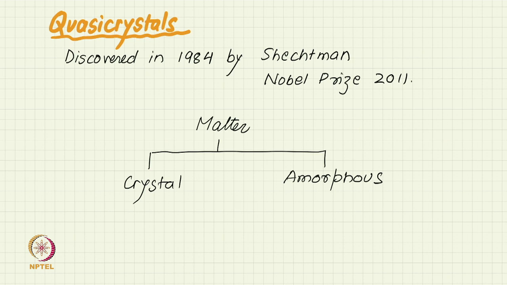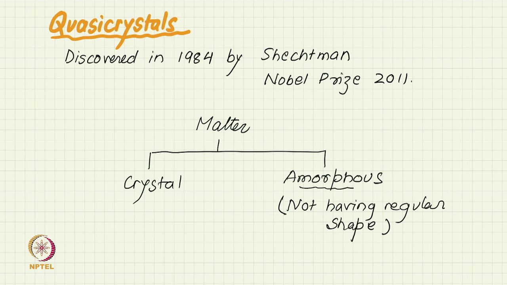Morphing, as you know, means changing shape. Morph means shape, amorphous means not having any shape. So, this was based on observing the natural material.